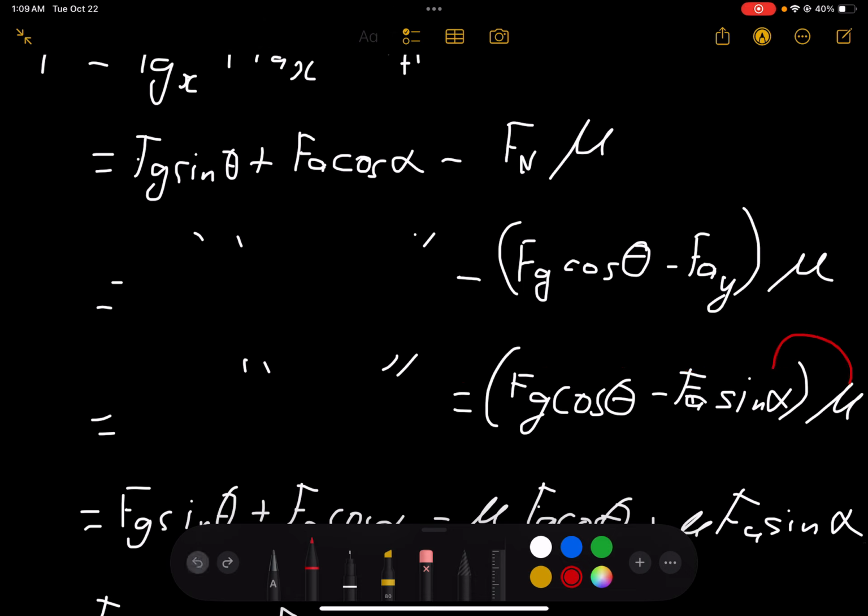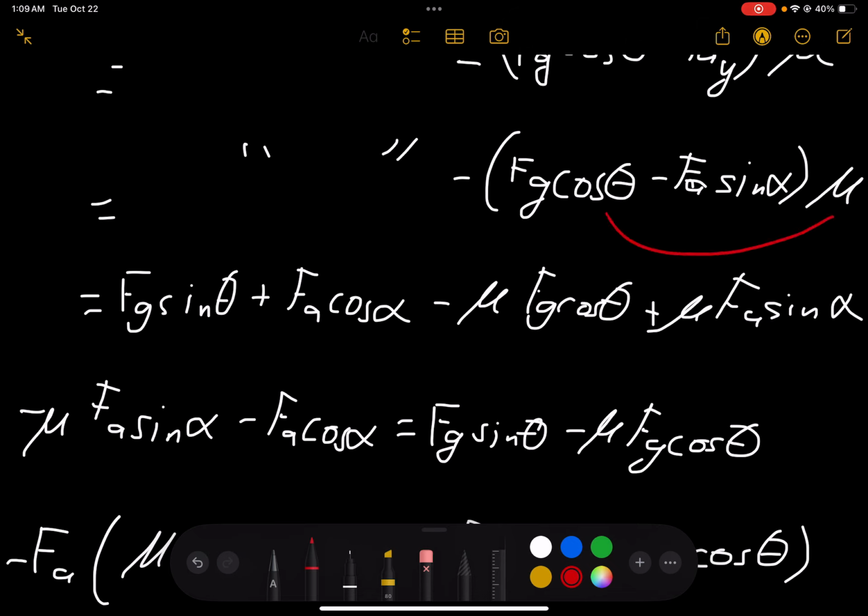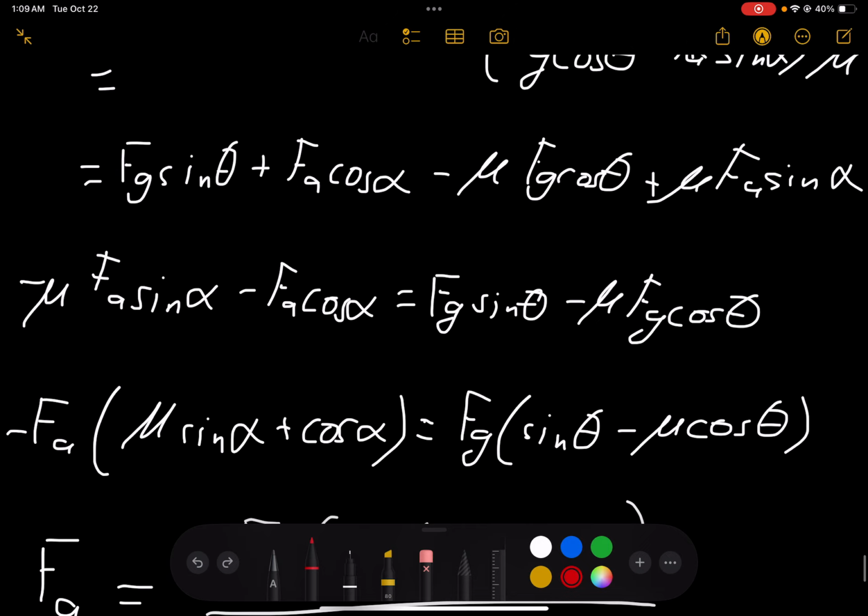Then this becomes negative mu Fg cos theta, and the minus and minus cancel and make a plus, so plus mu Fa sine alpha. Then we move all the Fas, force applied, to the left. So this becomes minus, and this becomes also minus.